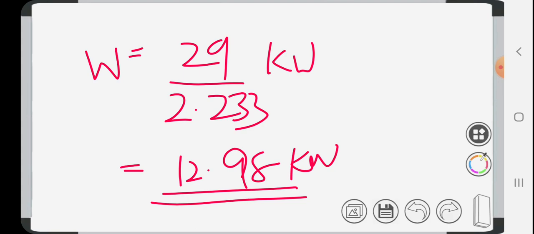Otherwise, another word called minimum work is sometimes used. Such an expression will be given. In such an expression, minimum work means maximum COP. Maximum COP is in the case of the Carnot cycle. So if such words are used, you have to apply the equation for the Carnot cycle.